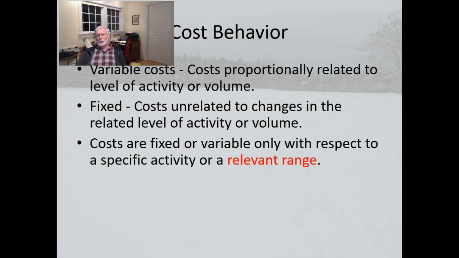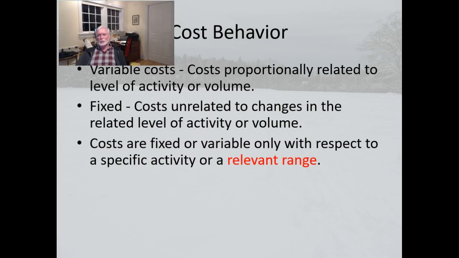As an example, if I'm running a company and I have a distribution center, and I know what my variable costs and my fixed cost of the distribution center are, within some range of volume I can continue to use that single distribution center.